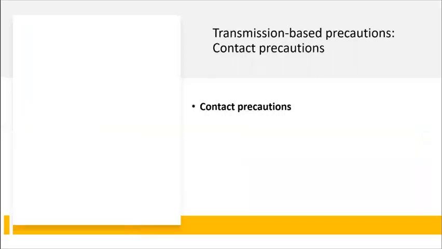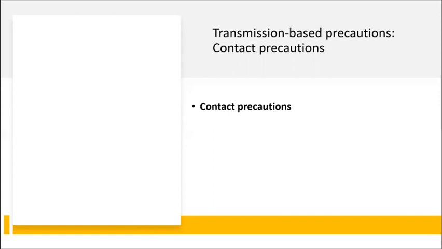With contact precaution, we know contact precaution is needed with client care activities that require physical skin-to-skin contact. For example, when you are bathing your patient or you are turning the patient, you will require contact precaution. Or even when you're going to be in contact with contaminated inanimate objects in the client's room.